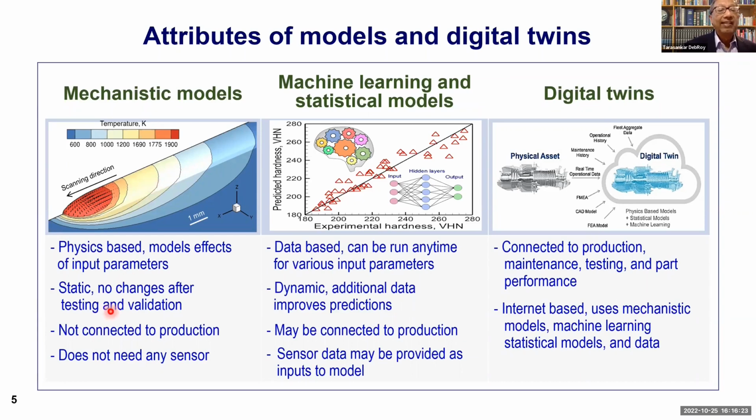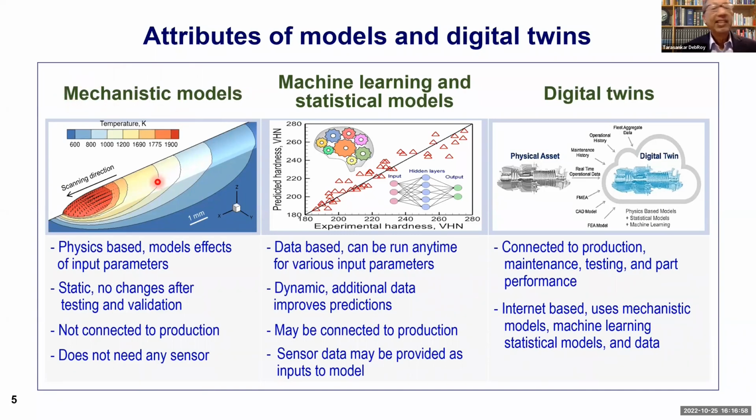This model is a static model. It does not change with time. After it has been tested and validated, it is not connected to the production necessarily. It does not have to be connected via internet to a real unit for it to function. And it does not need any sensor. So this is a self-contained physics-based model.